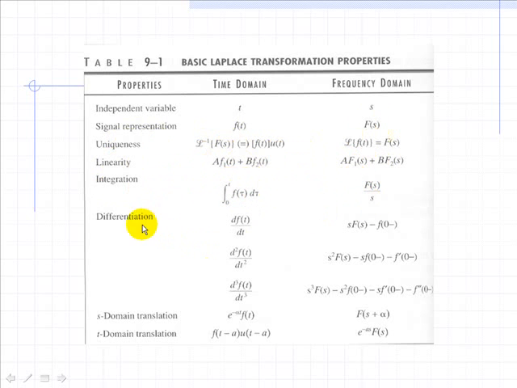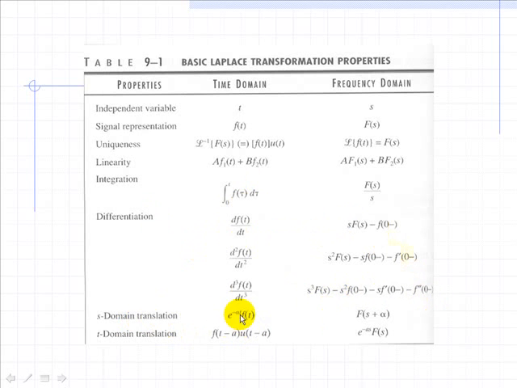Differentiation: d dt is s times F of s minus the initial condition. Taking the derivative again gives s squared, associated with the second derivative, minus s f of 0 and the derivative of the function itself evaluated at 0. You can extend it down to the third derivative, s cubed F of s minus s squared, etc.